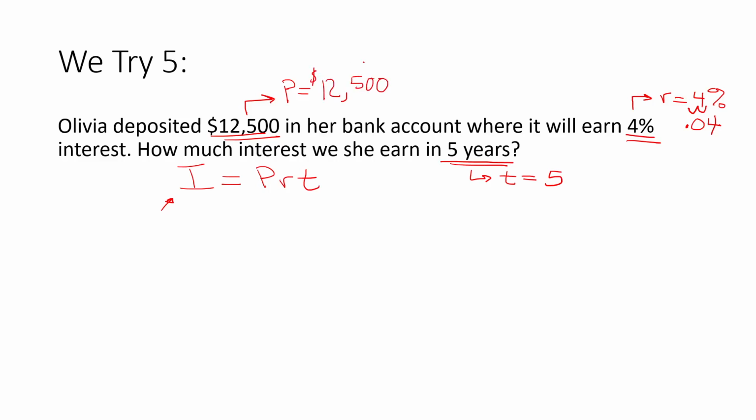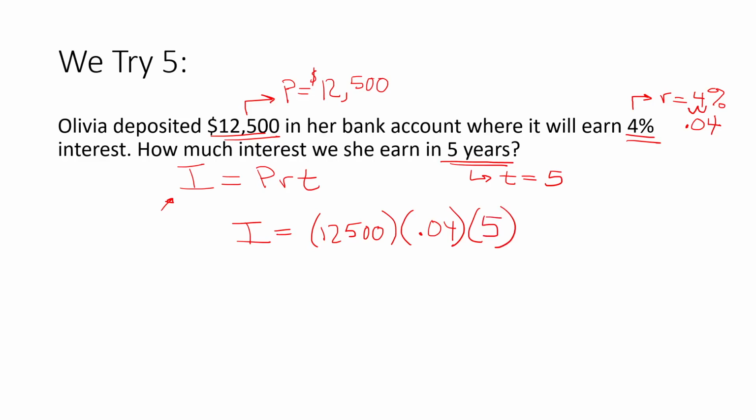So now let's throw everything into our formula. So the interest that she's going to earn is equal to 12,500 times the rate, which is 0.04, times the time, which is 5 years.